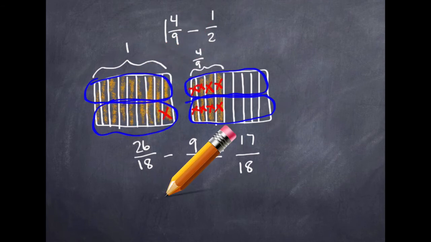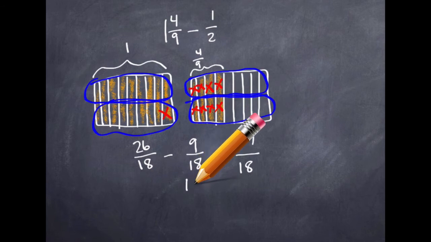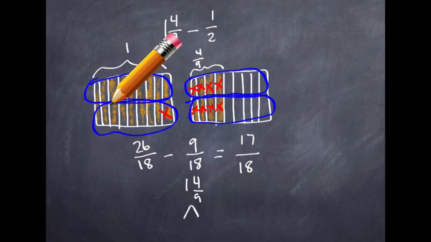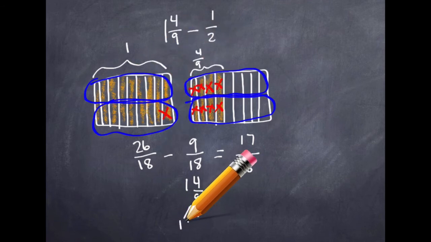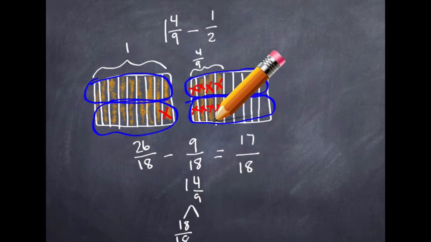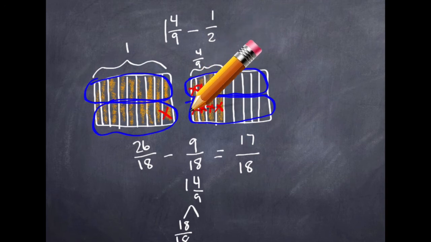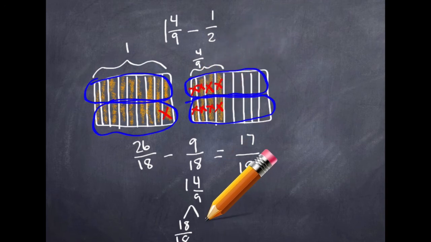All right, good enough. If I wanted to represent this another way, I could think of this as 1 4/9, which is going to be the same as 18 18ths, and 1, 2, 3, 4, 5, 6, 7, 8 18ths.